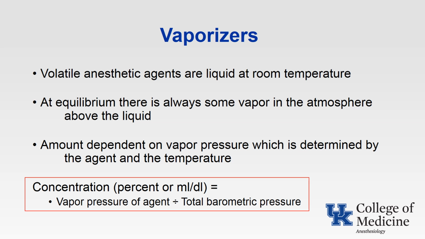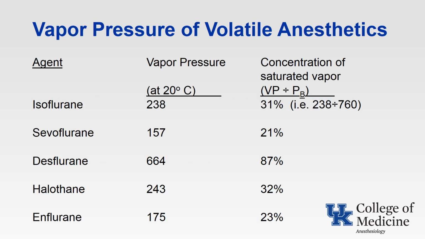Concentration equals vapor pressure divided by total barometric pressure. For isoflurane, the vapor pressure is 238, and so the concentration in the vapor chamber is 31%. For sevoflurane, it's 21%. For desflurane, it's 87%.